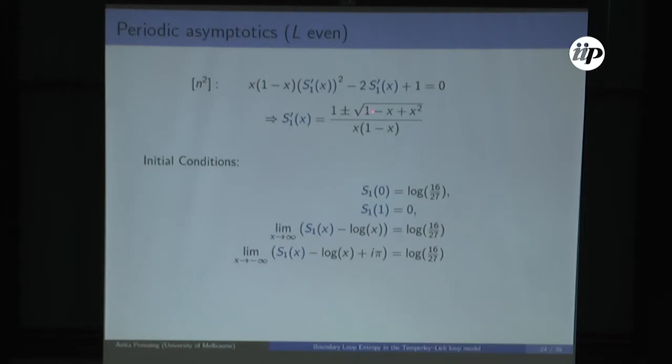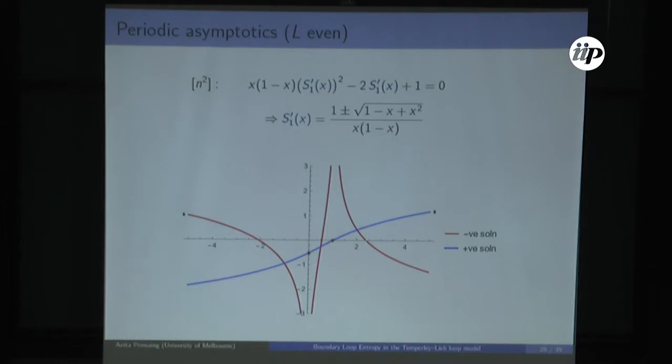Okay, so two possible things, some initial conditions. Problem is that the negative solution is incompatible with the first three initial conditions, and the positive root is incompatible with the last one. So there's not one single solution to this thing, there's two.